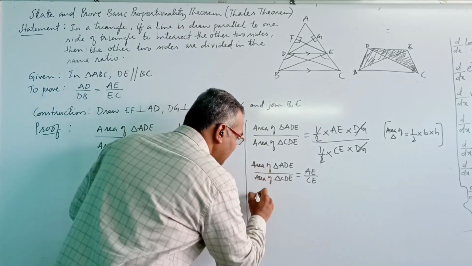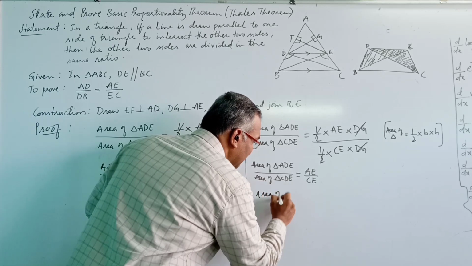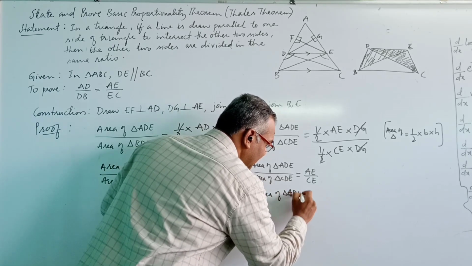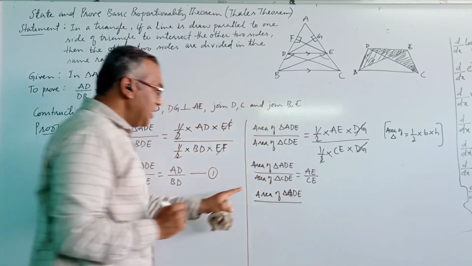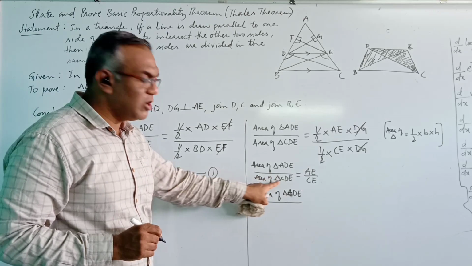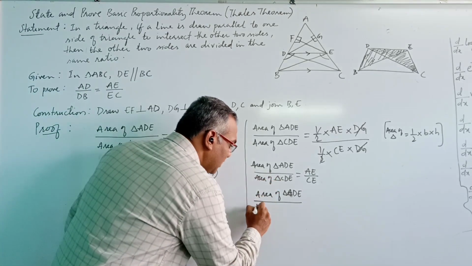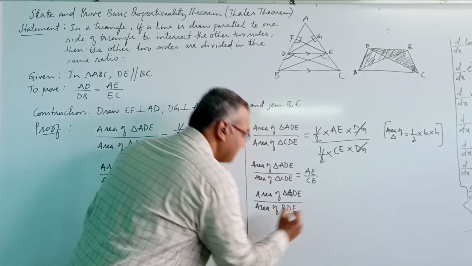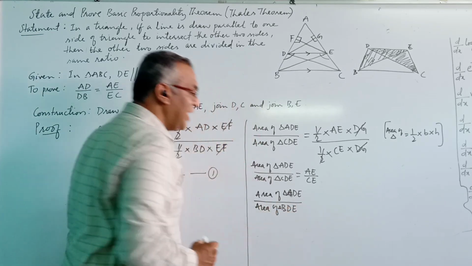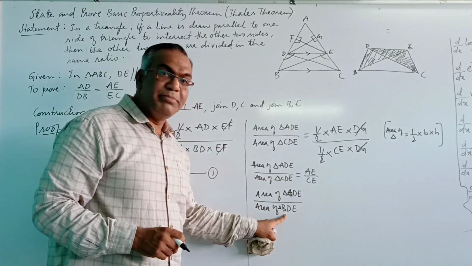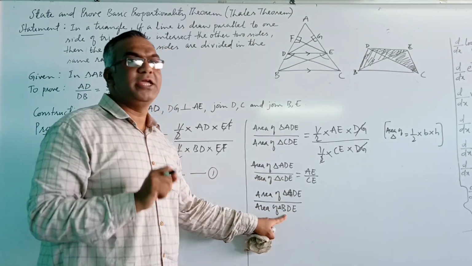That means here area of triangle ADE divided by, in place of area of CDE, I can write area of triangle BDE. Why? Because triangle CDE and triangle BDE have the same area.